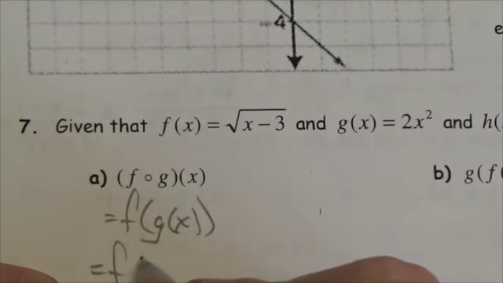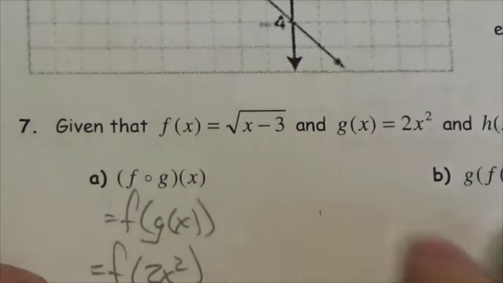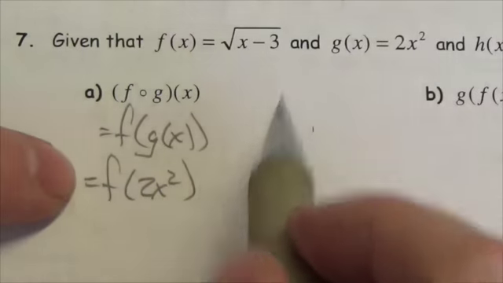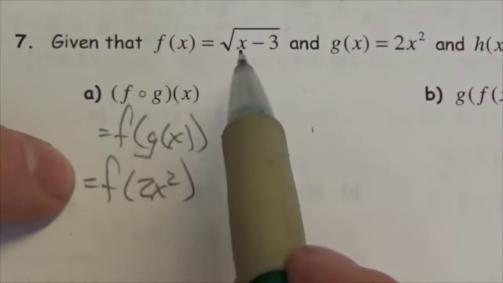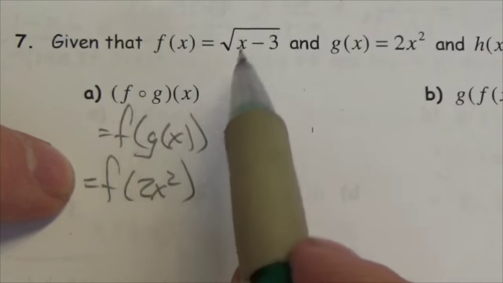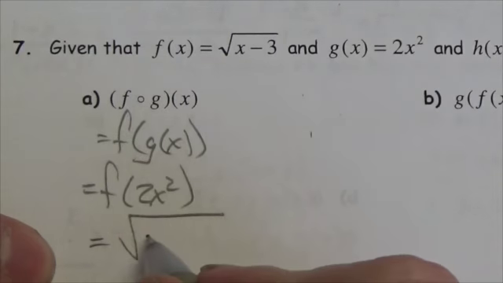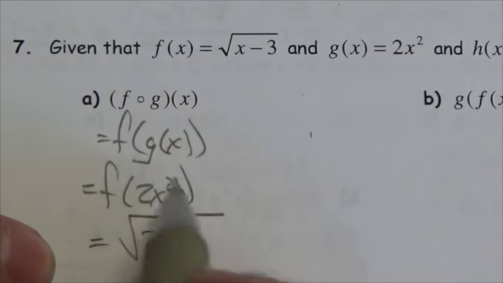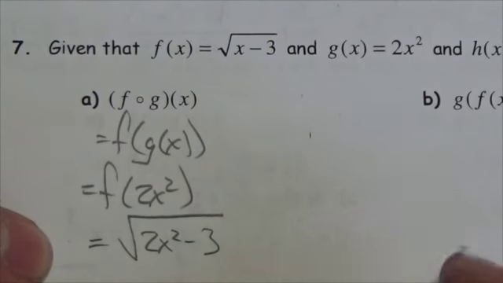G we can replace immediately with 2x squared, because we can see in the expression that that's what g represents here. And now what is f doing to its independent variable? Well, we're going to subtract 3 from it and then find the square root of that. And so this is going to be the square root of the independent variable minus 3. Okay, that's the simplified function that we're looking for here.